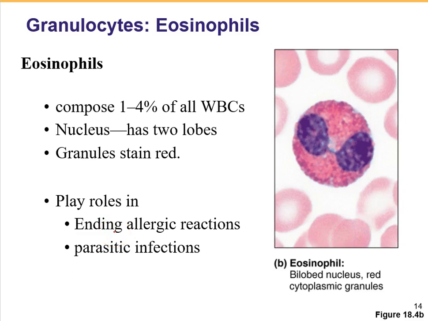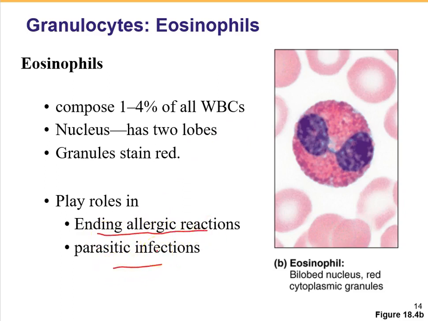Next granulocyte is the eosinophil, which is a type of white blood cell that makes up about 1 to 5% of all white blood cells. If you look at them under the microscope, their nucleus typically has 2 lobes and their granules stain red. Now let's talk about what they do. The eosinophils play important roles in our body's defense system, especially when it comes to allergic reactions and parasitic infections.